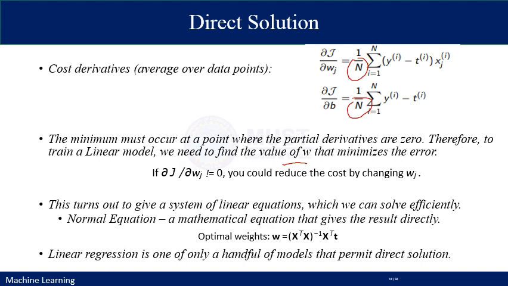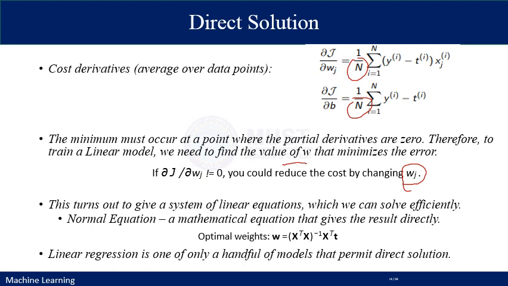So if the partial derivatives of the cost function are not equal to zero, you should reduce the cost by changing these weights. And there is a simple formula which can be learned from the training examples. It turns out that this gives a system of linear equations, which we can solve efficiently.